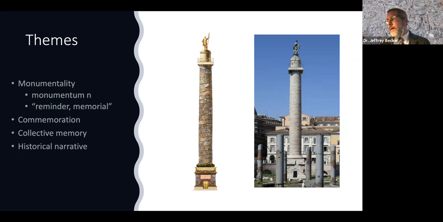So when we think about the Forum of Trajan, and especially the sculptural frieze that adorns the column, we often talk about that relief in terms of historical narrative, that in pictorial form, in sculptural form, the column tells a story about events. Just like memory, history is also selective. This is a story told by Romans about Romans.